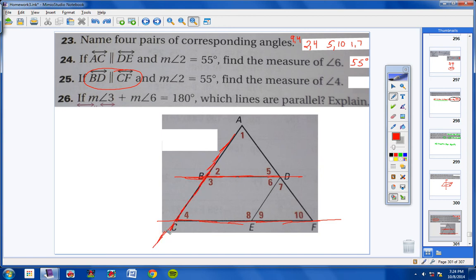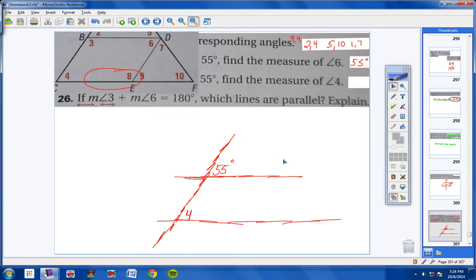Okay, now angle 2 is 55 degrees. I'm going to put 55 right here. And then the measure of angle 4 is right here, so I'll put a 4 right here. Now, let's move this picture out of the way real quick. And students, look at what you have.